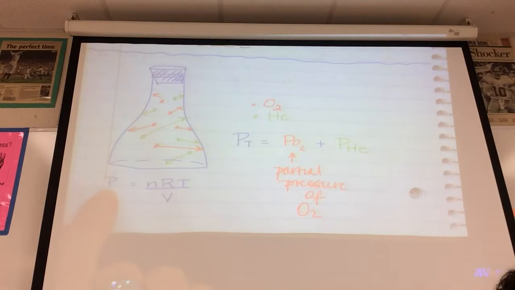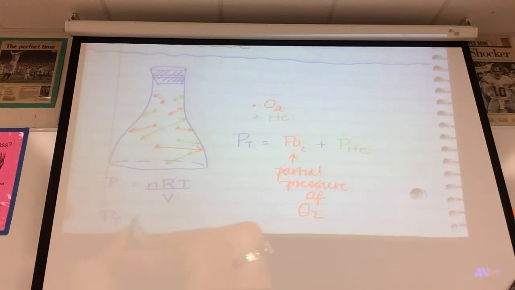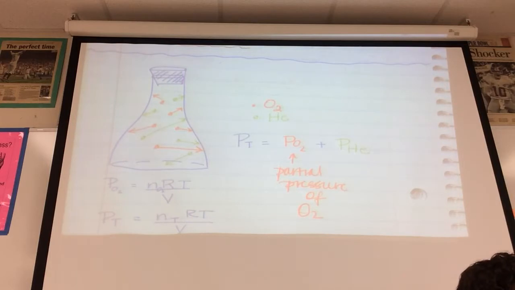If I want the total pressure of the gas, then I would have the total moles times R times T over V. So if I only wanted it for O2, I'd only have moles of O2 there. Same thing for helium. Keep that in mind as we work through this example.